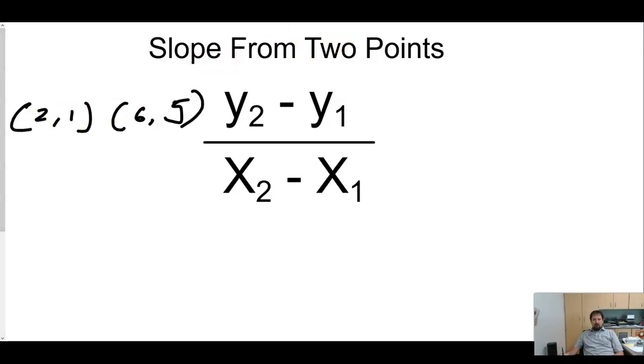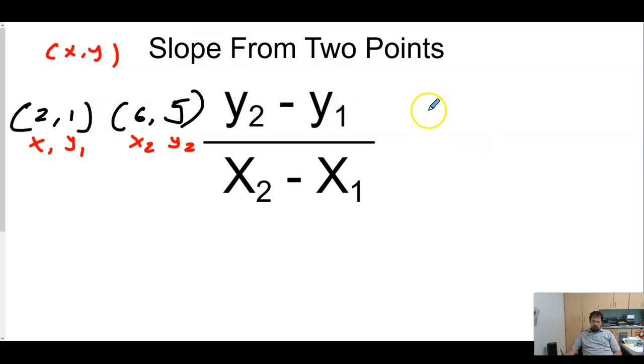Alright, so first off, let's go ahead and label what points these are. This 2 is x1. This is y1, because remember, an ordered pair is written as x, y. So my second point, this will be my x2, and this will be my y2. Okay, so we're just going to take this formula.